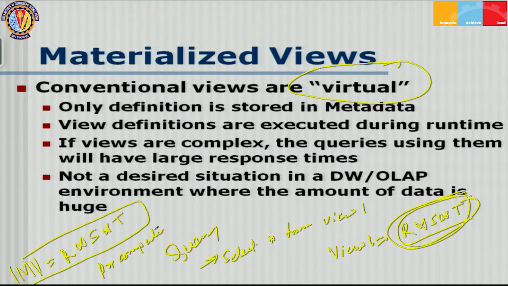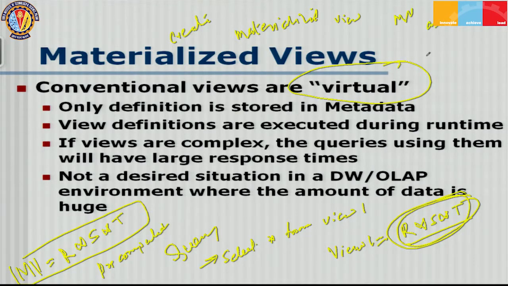When I put the word materialized in front of a view, so instead of saying create view, I'll use the DDL called create materialized view, say MV, as select star from R, S, T. So this basically tells me that I'm trying to join these three relations as in the view.